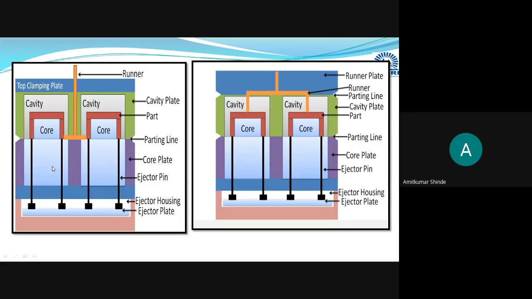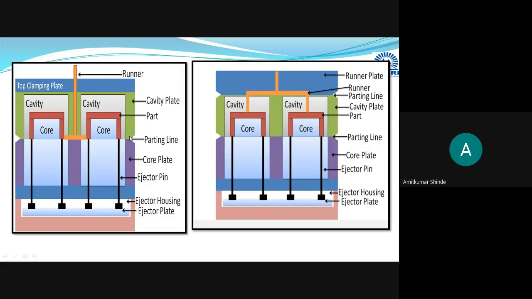One part consists of the ejector pins, ejector plates and core plates. In the other part, the runner and gate arrangement is there, and the actual mold cavity will be in this part.